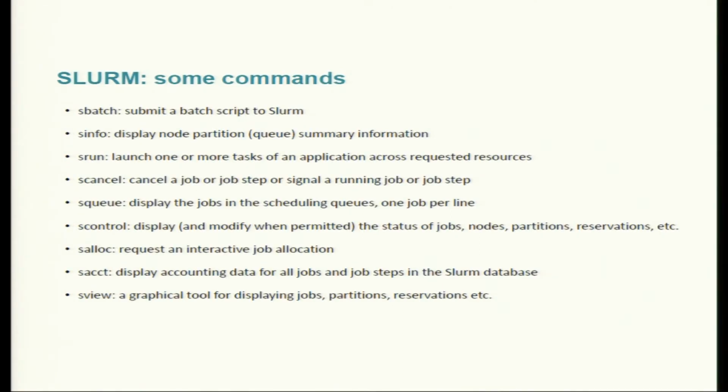squeue gives us what jobs are there in the queue and across different partitions for all users. Through scontrol, we can have finer details about the system, about the jobs, about nodes, and so on. salloc will give us interactive access, but will not directly land us on the job.